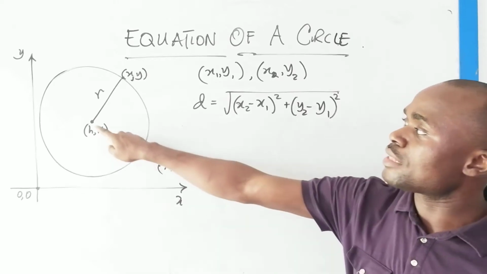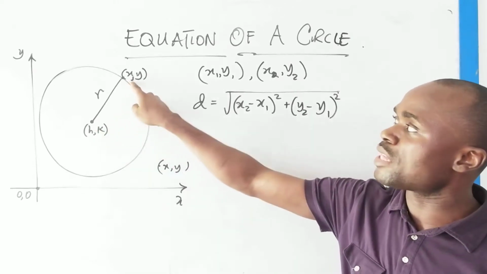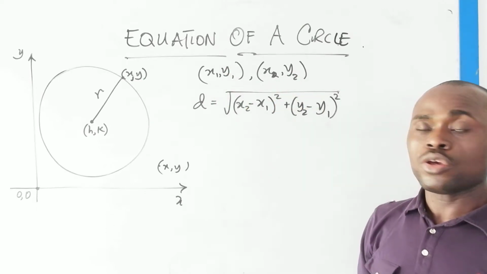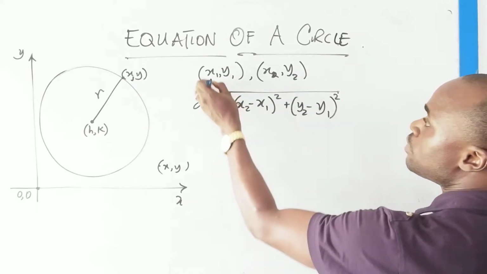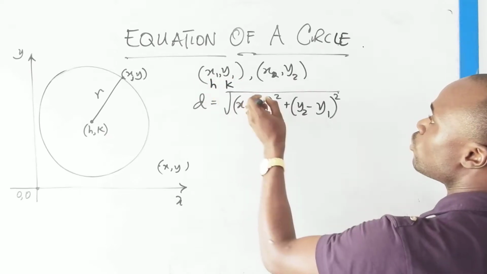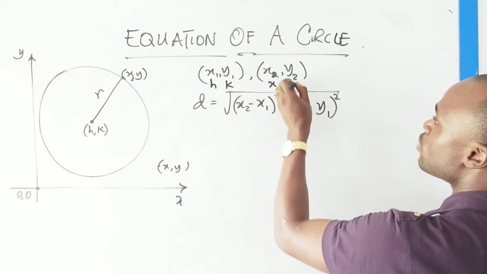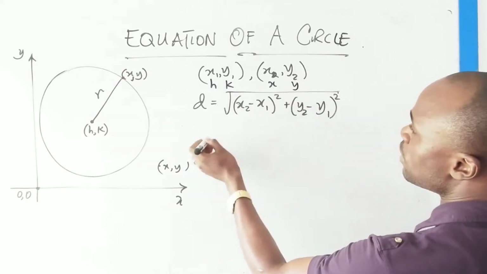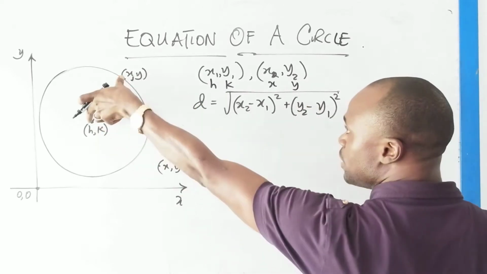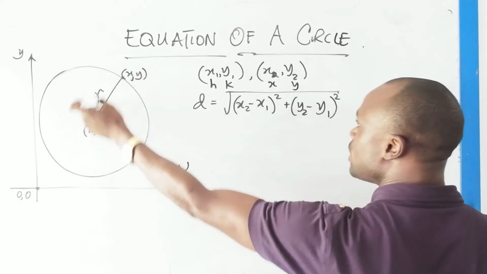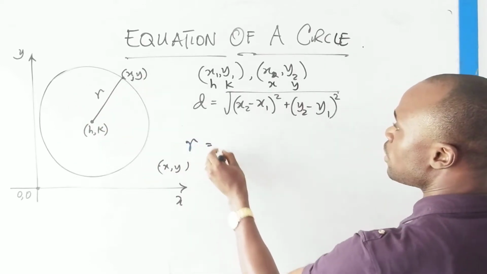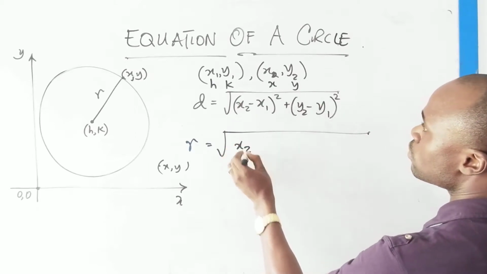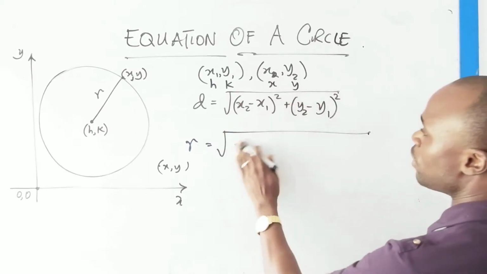So I'm going to regard this as my first coordinate and my second coordinate, just as this was my first coordinate and this is my second coordinate. If I call this h and k, and call this x and y, the distance between these 2 points is r. So r is going to be the square root of x2, we're not using x2 now, we're using x.